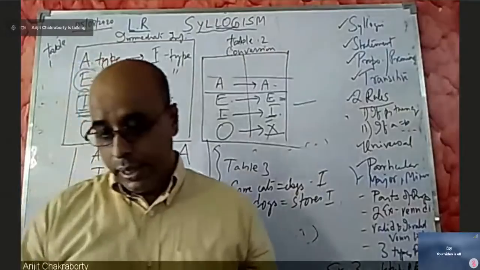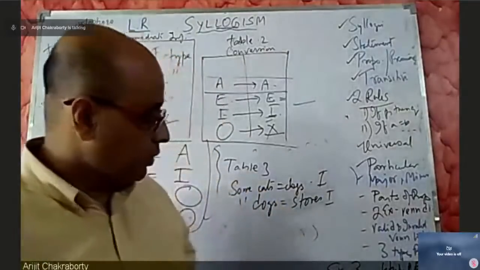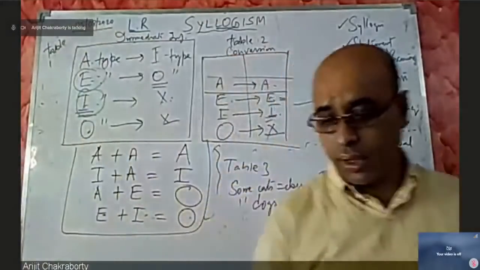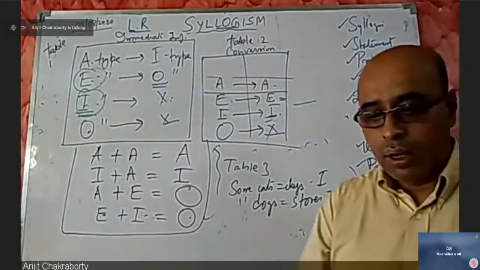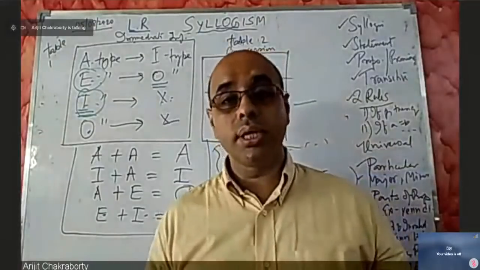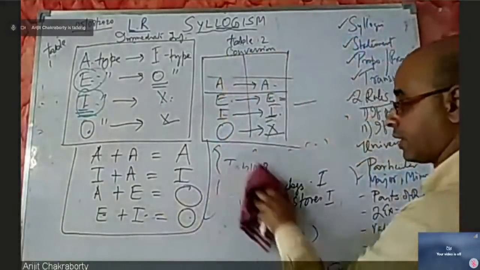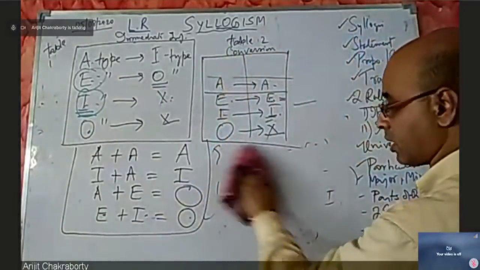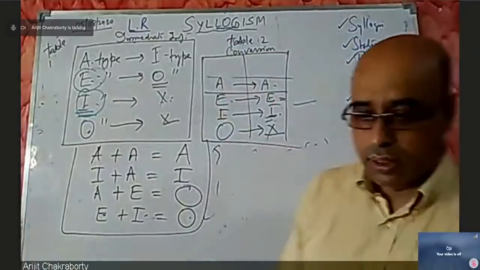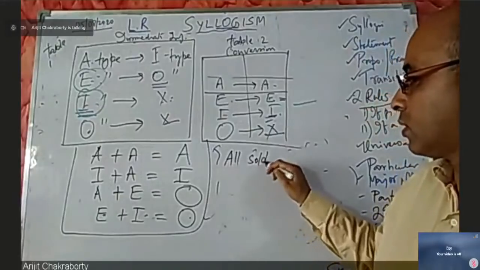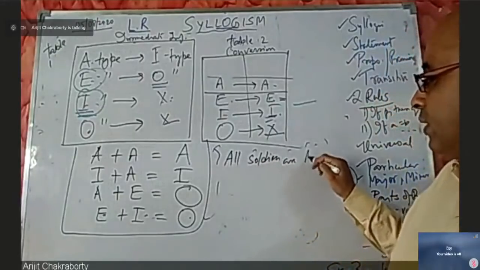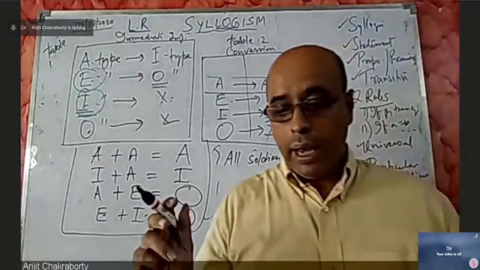Okay. I'll take the third one. I've got 4 questions. I'll take the third one from Board of Studies. So 1, 2 and 3. The statement is all soldiers are men. Okay, I write here all soldiers are men. Fine. First statement.